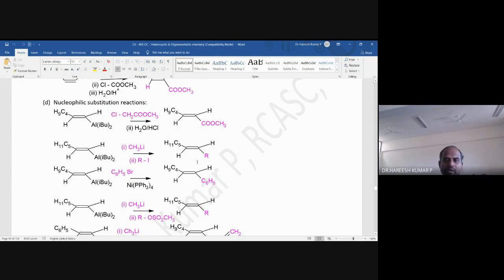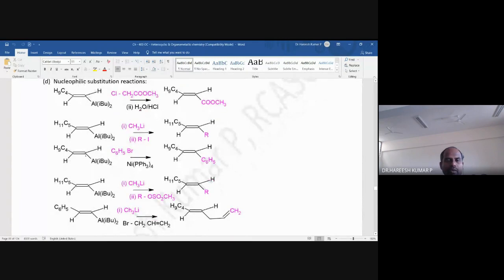So that is how a carbon-carbon new bond is formed. And then here also, when this is treated with methyl lithium, alanate is obtained, and it will form a new bond with the phenyl group, that is bromobenzene. So that is how a compound is obtained.